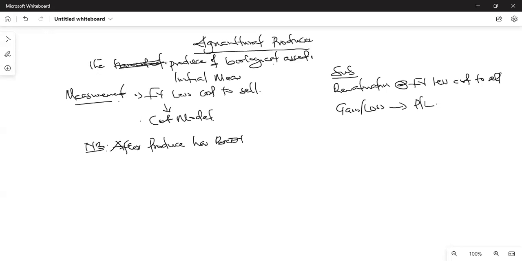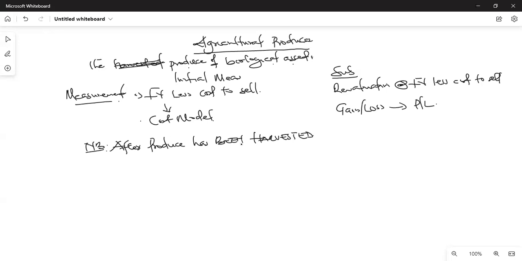We are talking about the produce of biological assets, its potential. So after this produce has now been harvested, it is still a harvested product of an agricultural asset.